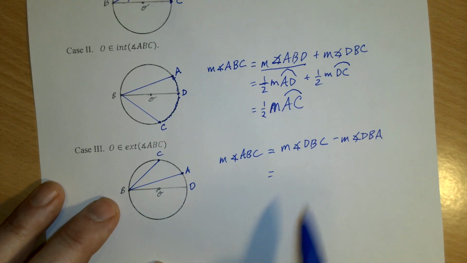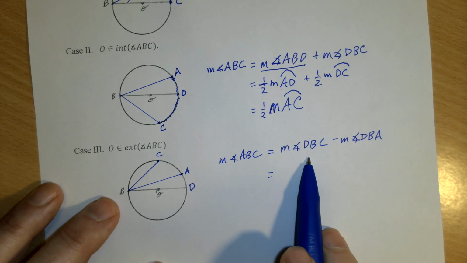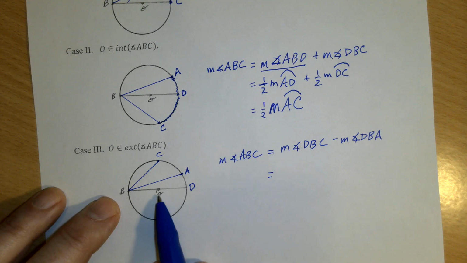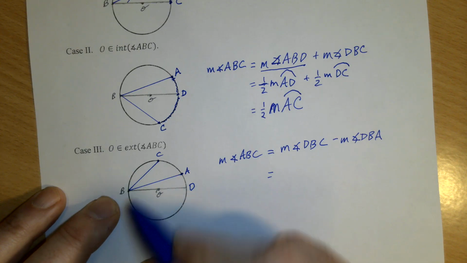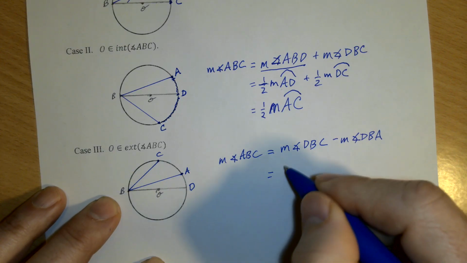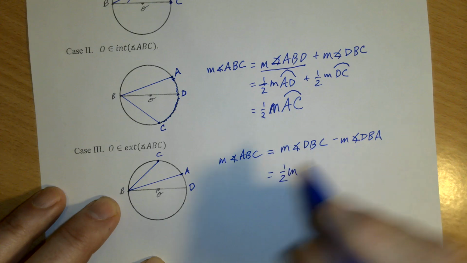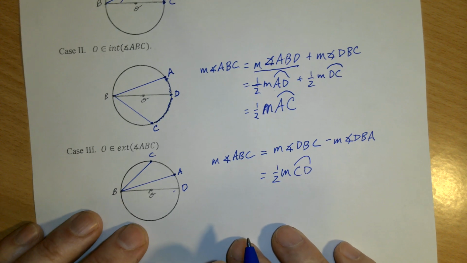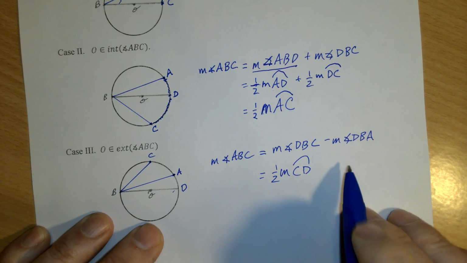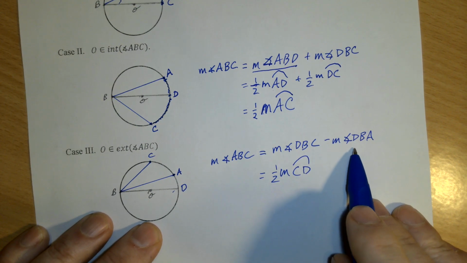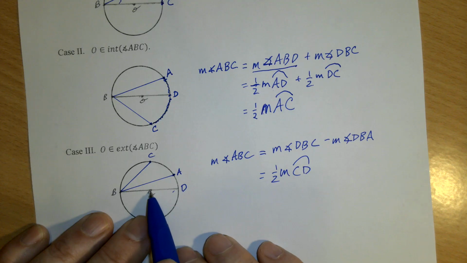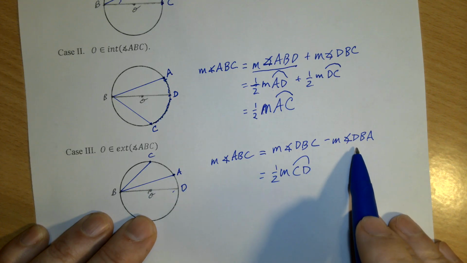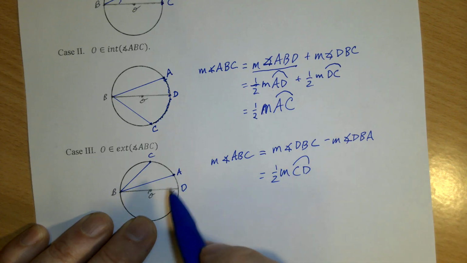Well, what is the measure of angle DBC? It's an inscribed angle that contains the center of the circle. So the measure of angle DBC, the big angle, is 1/2 the measure of arc CD, minus the measure of another angle that uses the center of the circle, DBA.